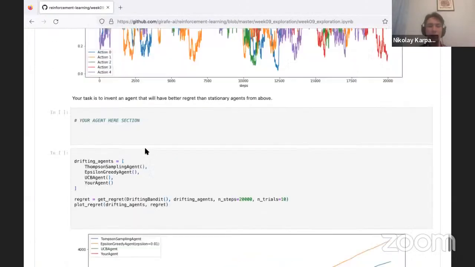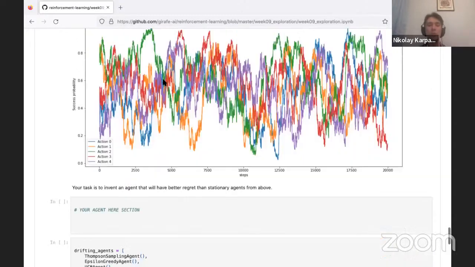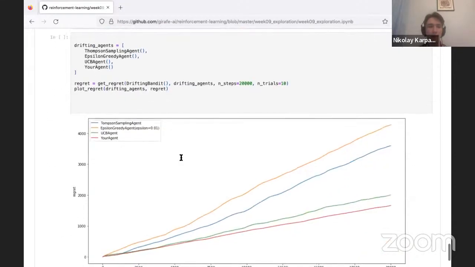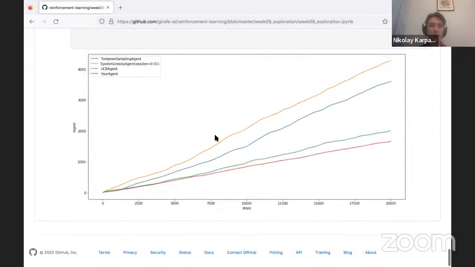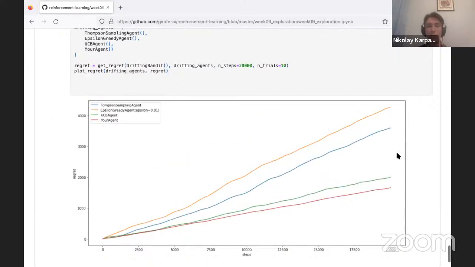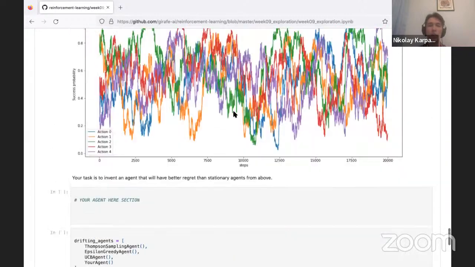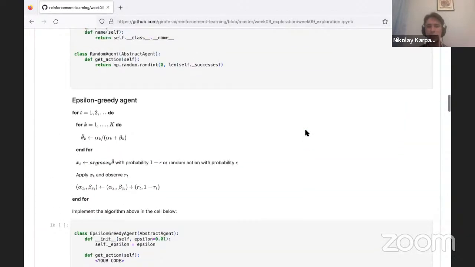And the task here would be to modify the agent slightly, or modify it in a complete way, to account for this change in the environment dynamics. So here you would implement your agent, which would perform ideally better than the others in this changing environment. That's the task in this assignment.